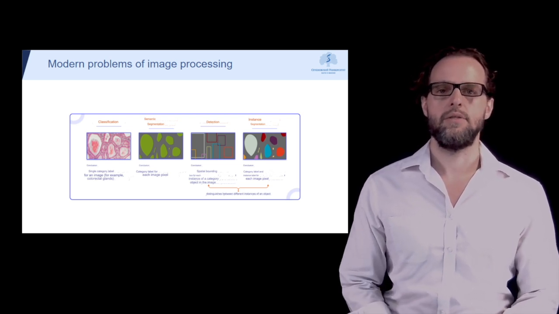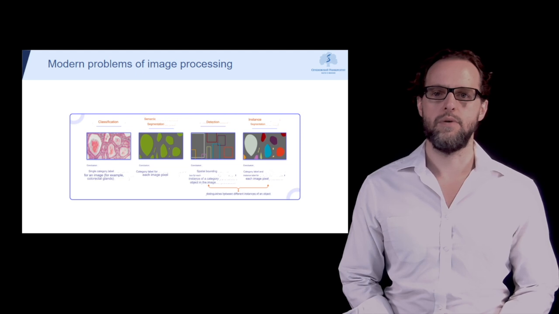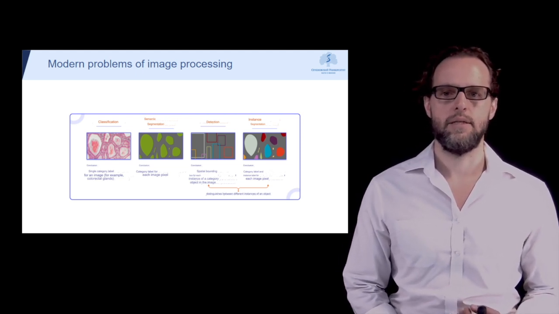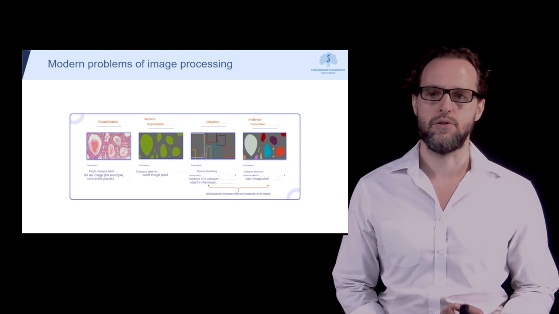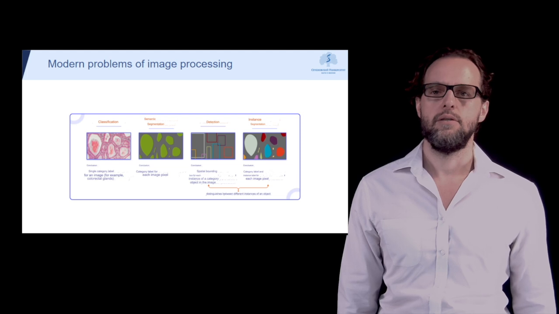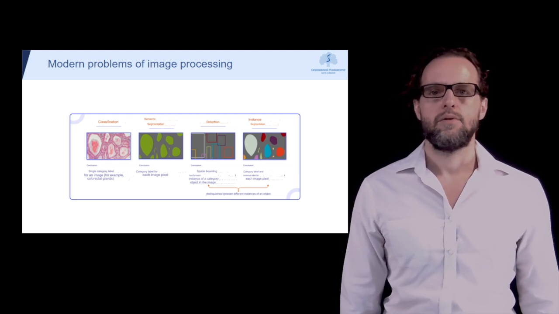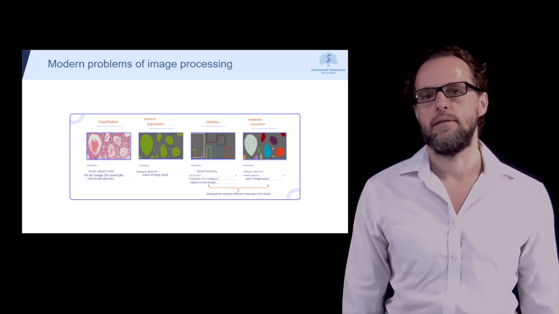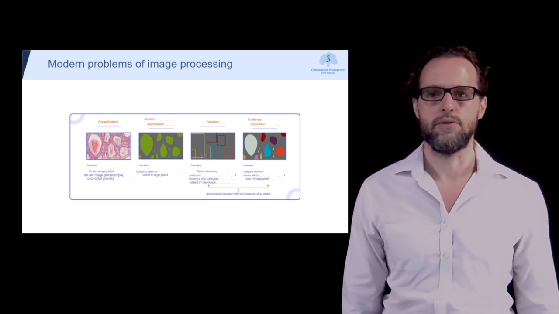Each of these tasks produces different types of output, hence requiring different neural network architectures or structures. Typically used for segmentation, neural network architectures include downsampling and upsampling paths.